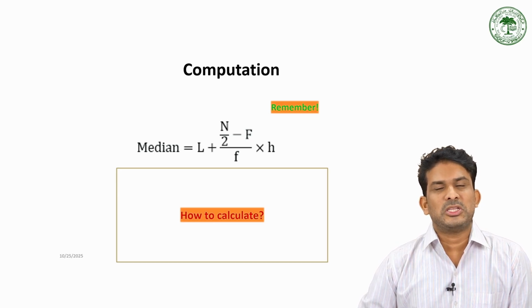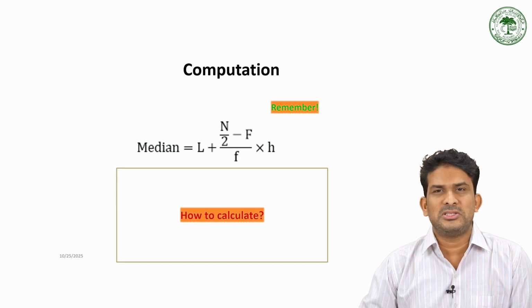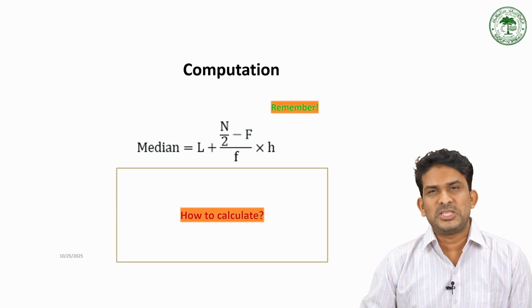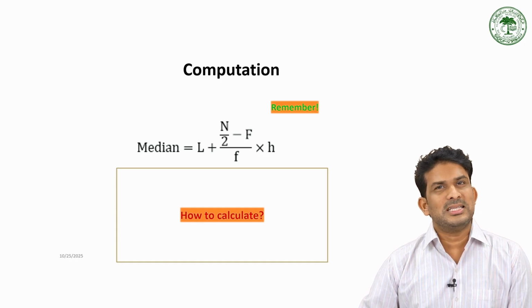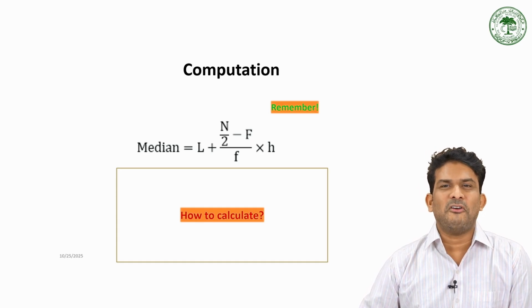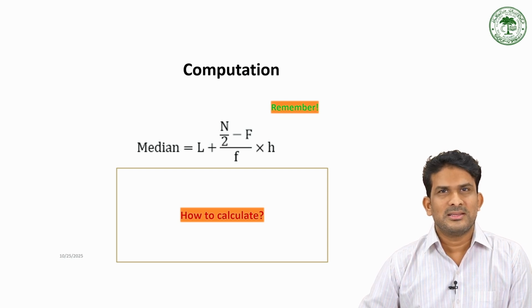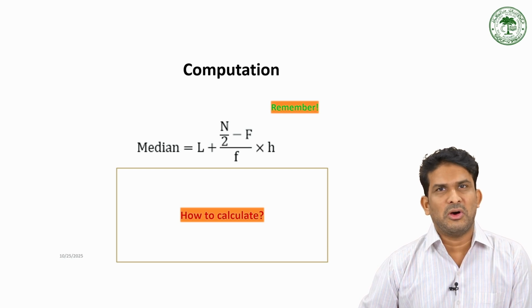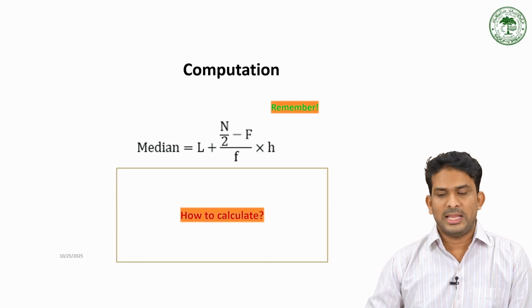F is the cumulative frequency of the class preceding the median class. What is small f? It is the corresponding frequency of the median class. H is the class width or class interval.